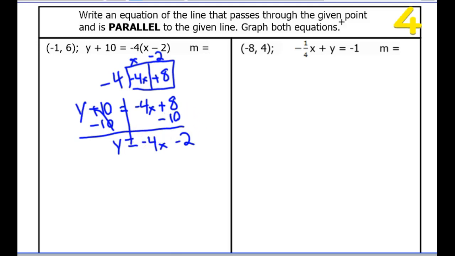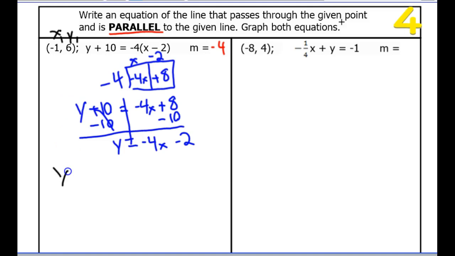So our m in this case is -4. Now we are, instead of perpendicular, doing parallel lines. So that means that our slope is going to be the same. So we're going to use this point. This is going to be our x1 and our y1. We're going to write in point slope form.